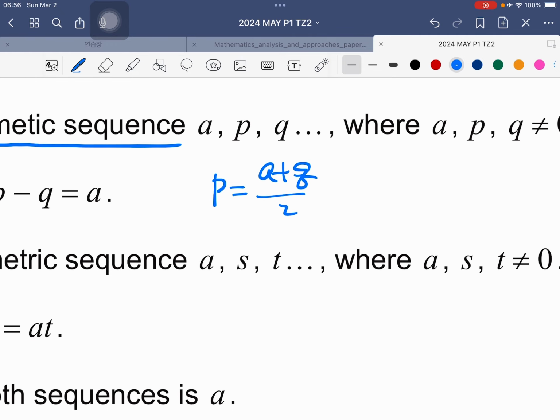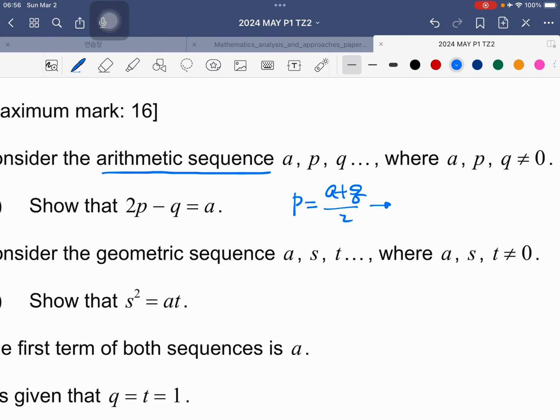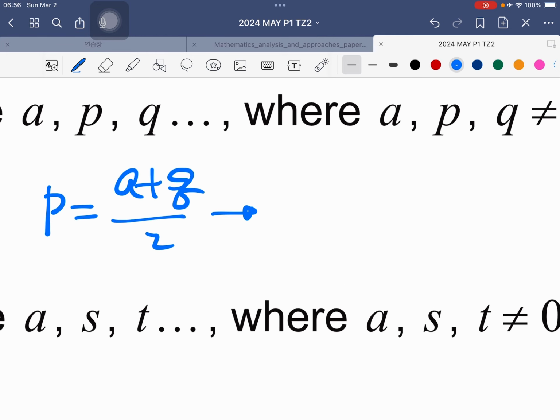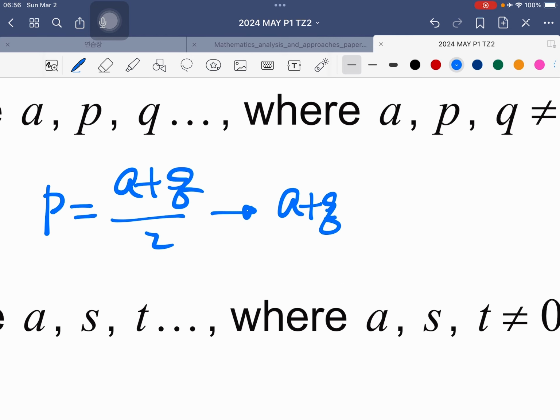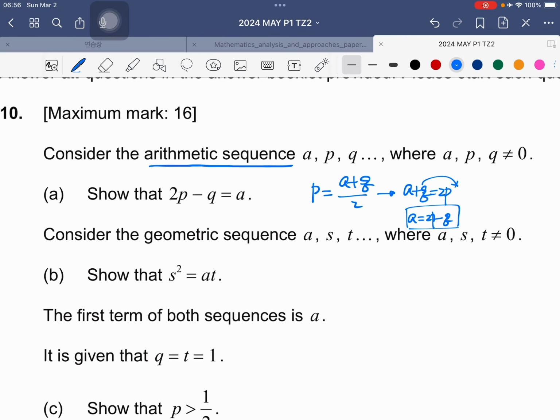This is always true, which means we can just adjust this one. You can cross-multiply, so A plus Q equals 2P. And moving Q to the other side, you can say A is 2P minus Q. So this is true in an arithmetic sequence.